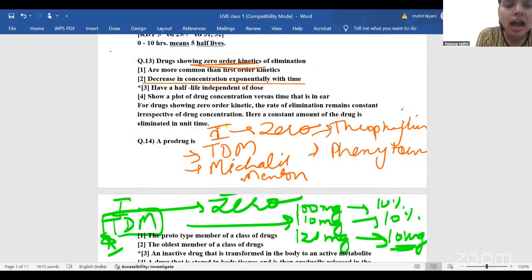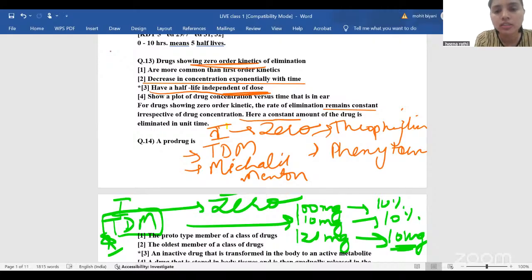Next is, have a half-life independent of the dose. Yes, because we are going to increase the dose, but the elimination is not increased. So the half-life is not dependent on the concentration of the drug. The next option says that for drugs showing zero order kinetics, the rate of elimination remains constant irrespective of drug concentration.